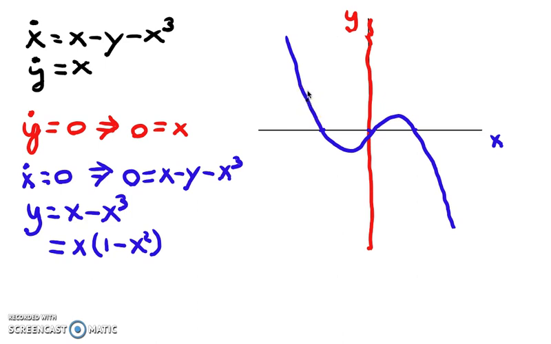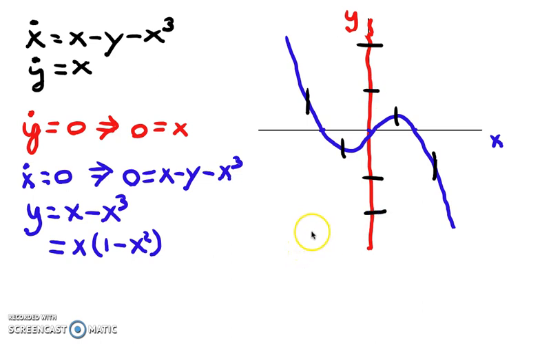So if we were to leave this nullcline, we would have to leave either upwards or downwards. So I can indicate that by putting a vertical hash mark. This is just to remind me that if a trajectory, a solution of the differential equation, crosses the x nullcline, it must do so in the vertical direction. And similarly, the y nullcline, if it's going to be crossed, must be crossed in the horizontal direction.